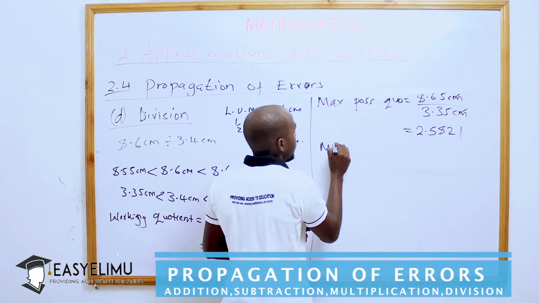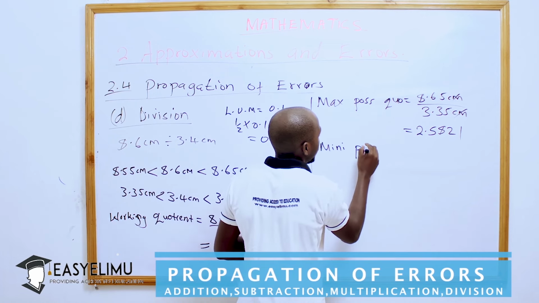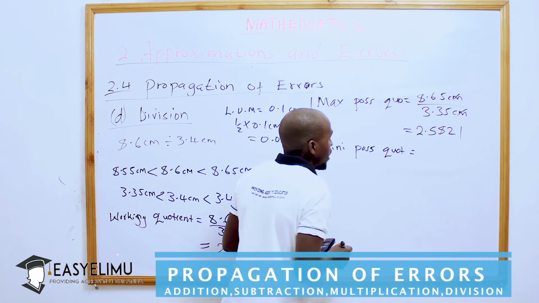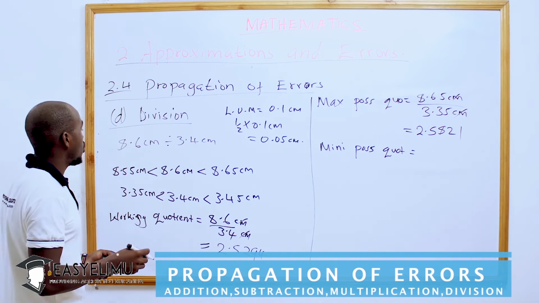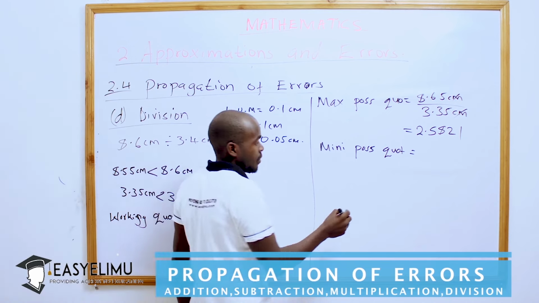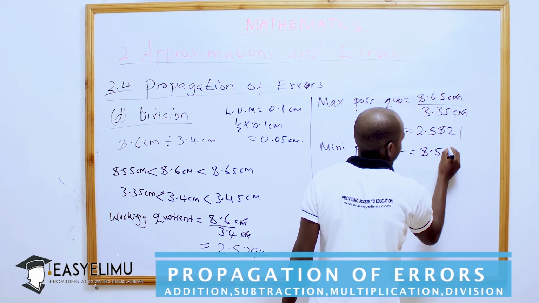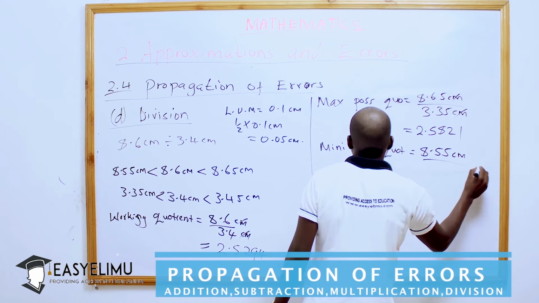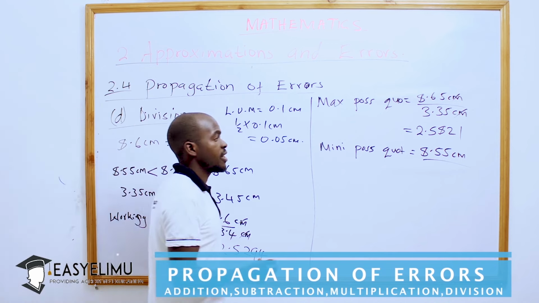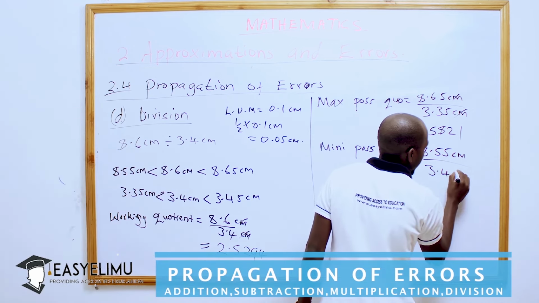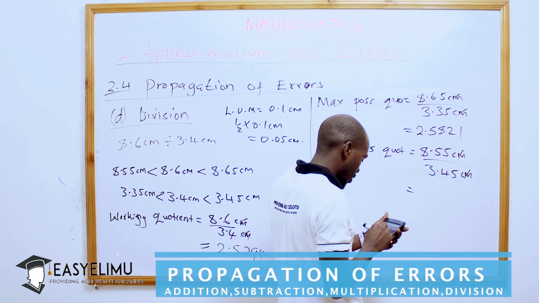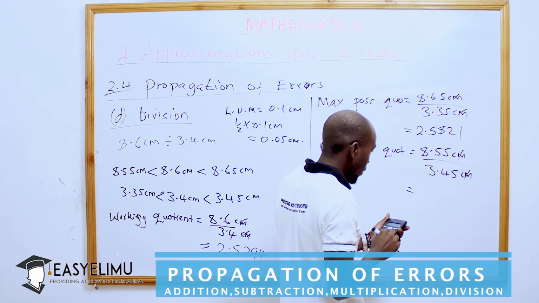Then we need to find the minimum possible quotient. To find the minimum possible quotient, we shall take 8.55 centimeter and divide by the one we have remaining, which is 3.45 centimeter.